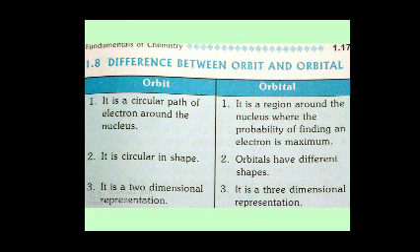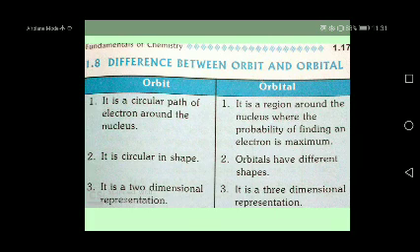Difference between orbit and orbital. An orbit is a circular path of the electron around the nucleus. An orbital is a region around the nucleus where the finding probability of an electron is maximum.